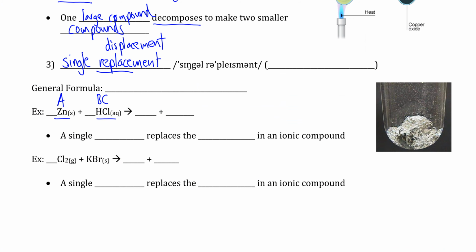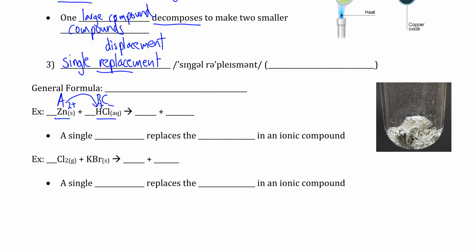If we know that zinc has a positive charge, that means that it is going to replace whichever atom has the positive charge in our compound, which is going to be hydrogen, because we almost always write the positive charge first. And remember that chlorine is going to have a charge of -1.